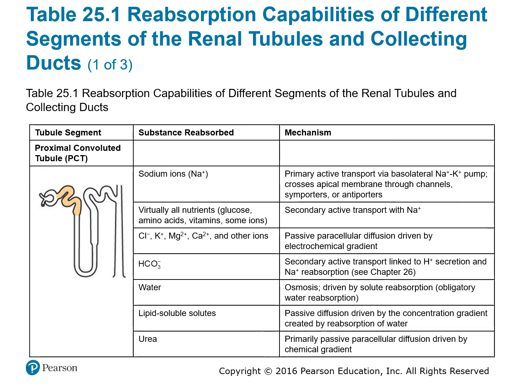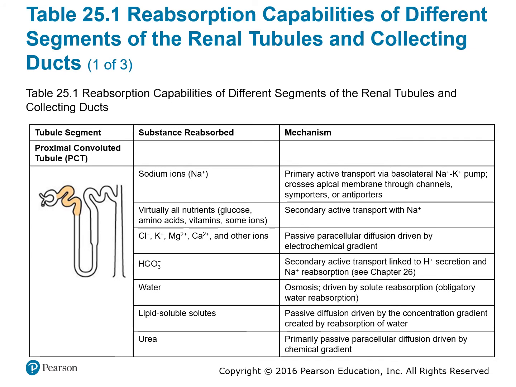Okay, so the chloride, potassium, magnesium, calcium, and some other ions move by passive paracellular diffusion driven by the electrochemical gradient. Now, bicarb is a secondary active transport linked to hydrogen secretion and sodium reabsorption. Water is going to be osmosis, diffusion of water driven by solute reabsorption, obligatory water reabsorption.